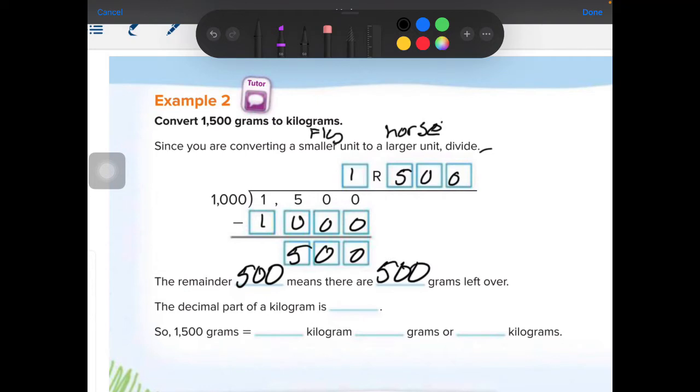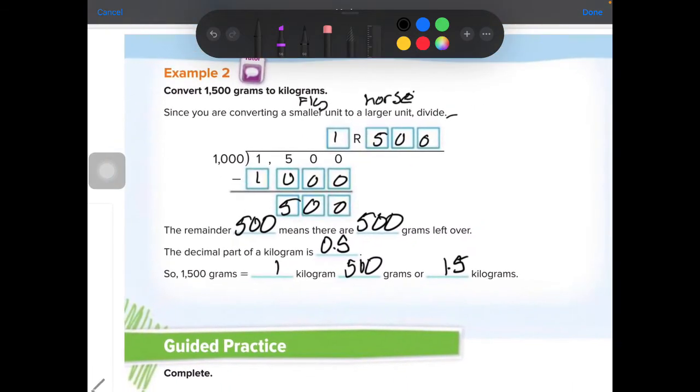The decimal part of that is 0.5. So 1,500 grams equals 1 kilogram and 500 grams, or 1.5 kilograms. Now that seems a little complicated. Personally, I would have just liked to have gone King Henry died grumpily drinking chocolate milk.